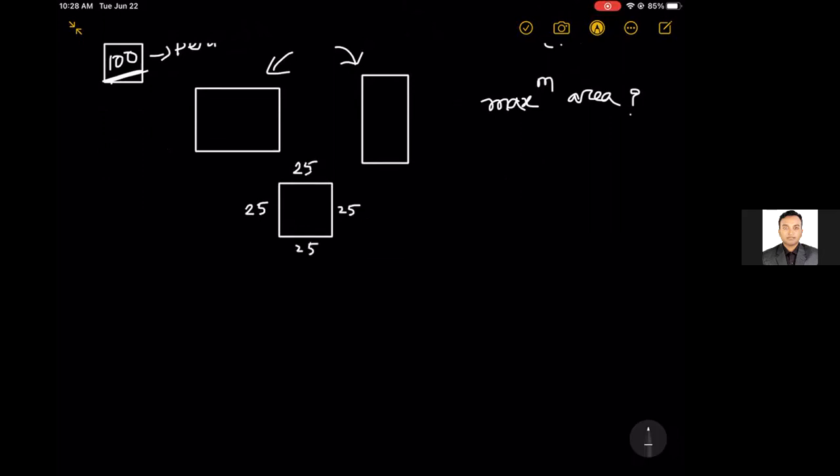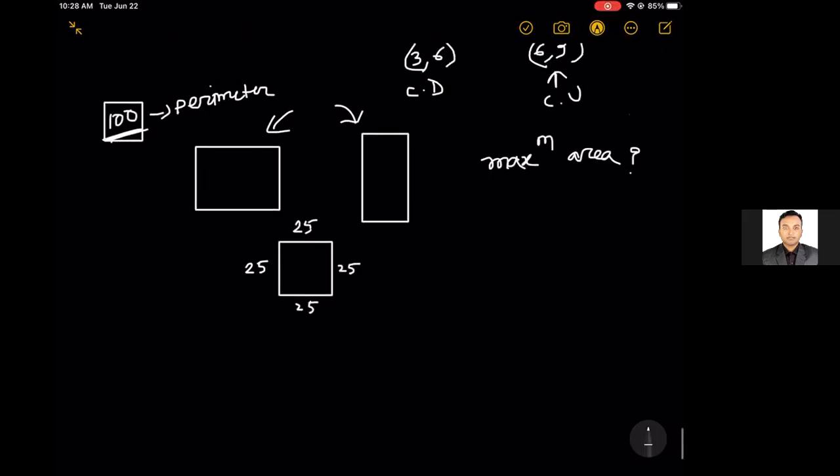The perimeter is 100, right? If you add all those. And let's say you have 10 here and 40 here, that's still 100, and both of these are rectangles. Do you agree?